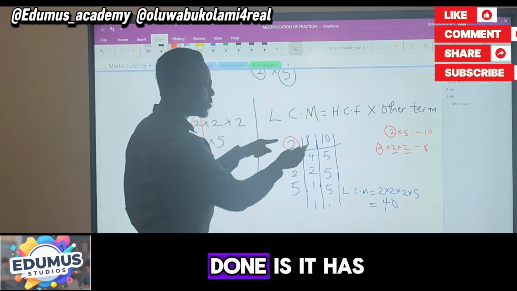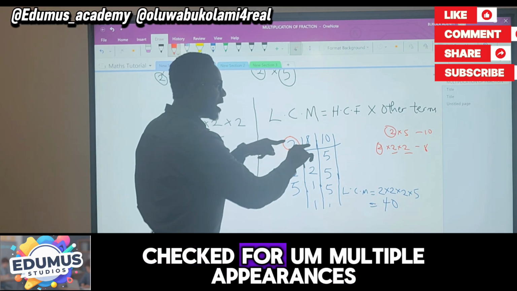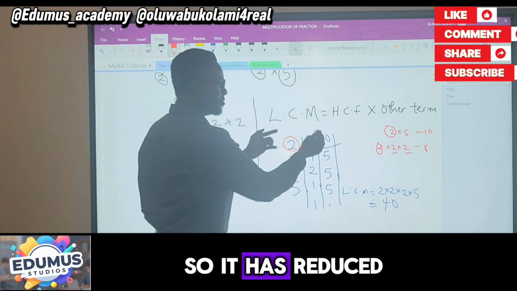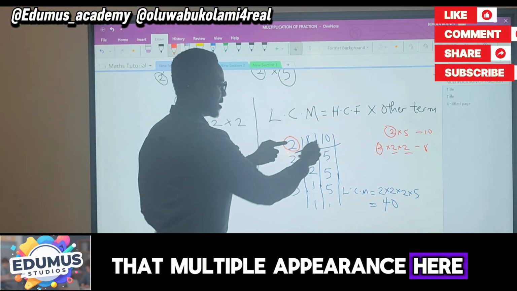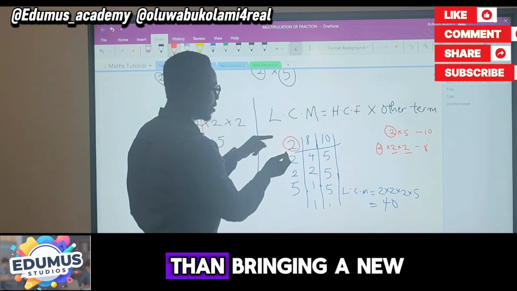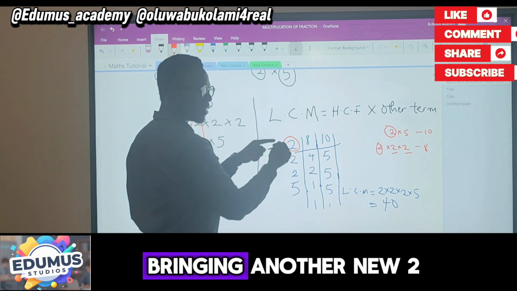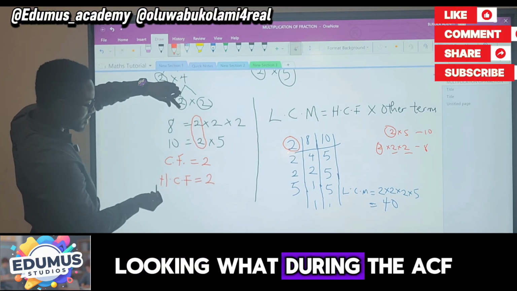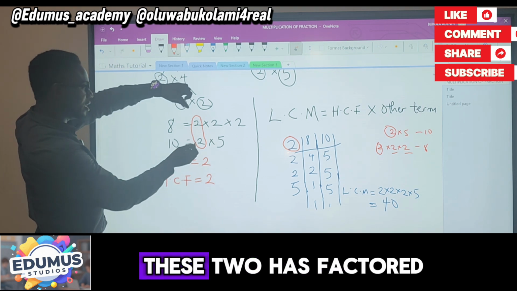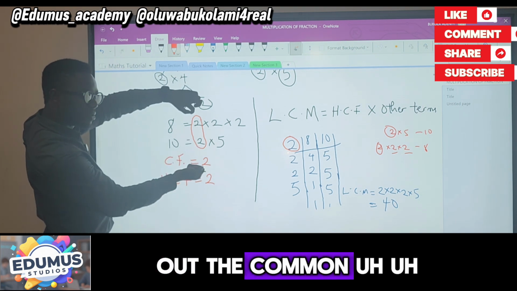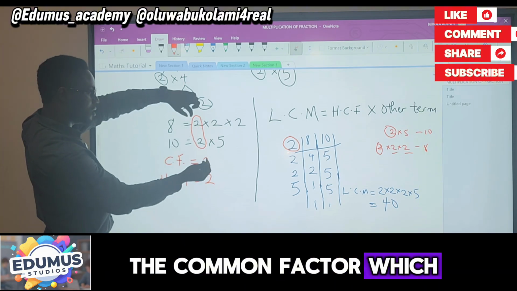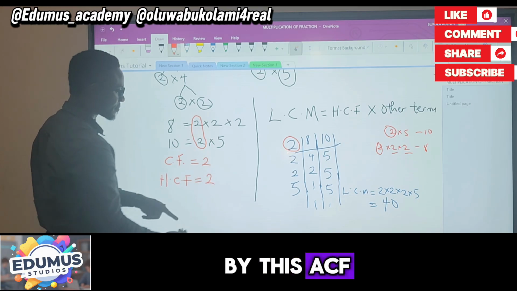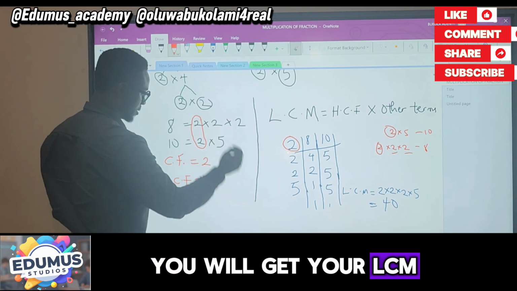So what this has done is it has checked for multiple appearances. It has reduced that multiple appearance here, cutting the 2 at the same time, rather than bringing a new 2 to cut 10, bringing another new 2 to cut 8. That is exactly what this one too has done. While we are looking for HCF, these 2 have factored out the common factor, which is 2. So every other term, if you multiply them by this HCF, you will get your LCM.